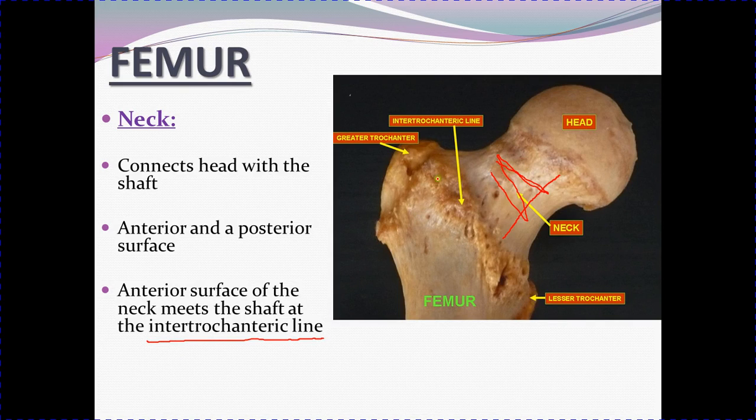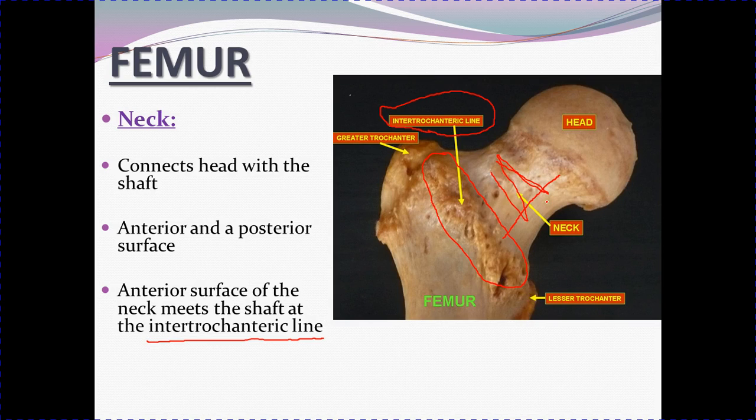It is an elevated ridge of bone which limits the neck. You can clearly see in the figure this elevated line is called the intertrochanteric line. Inter means between, trochanteric means between the two trochanters, the greater trochanter and the lesser trochanter.